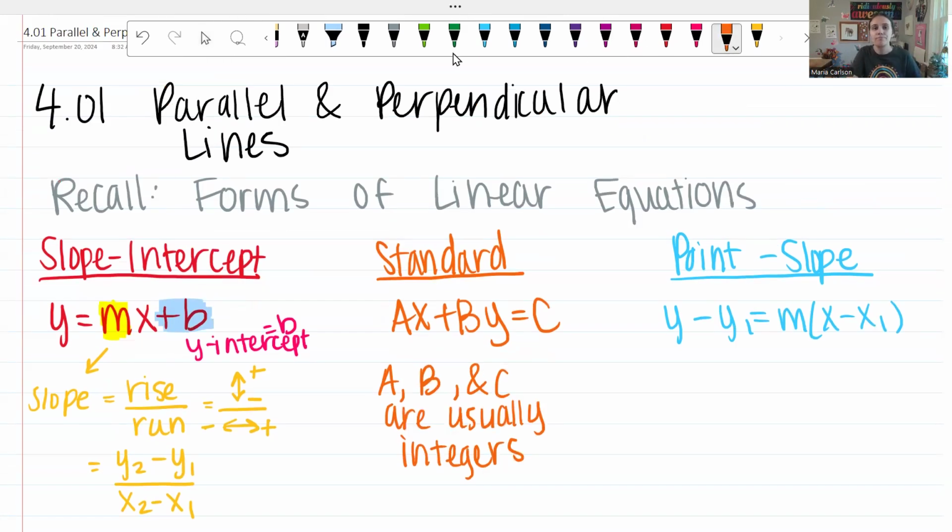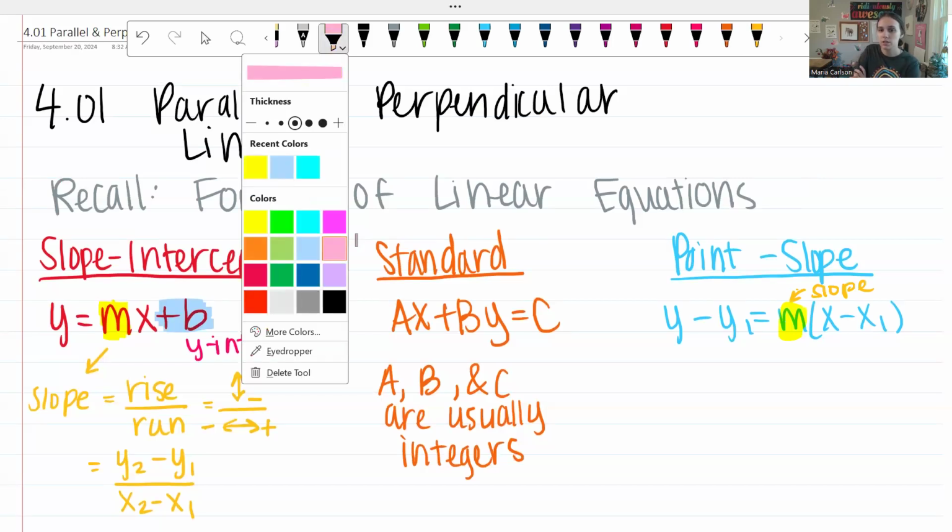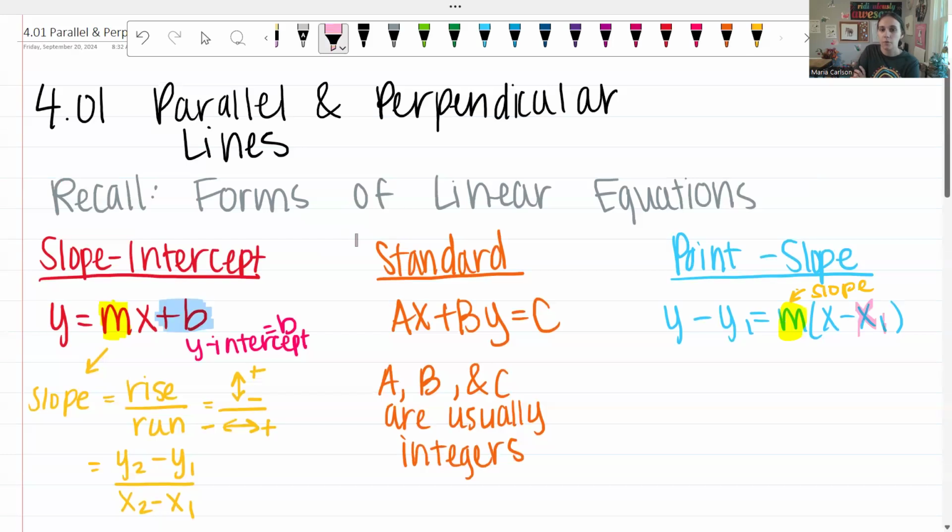All right, point slope form. Sorry, there's this little thing that keeps popping up down here. Point slope form has the same m like we saw in slope intercept form. So this m is still our slope. The other important piece of this formula is the x1 and the y1.